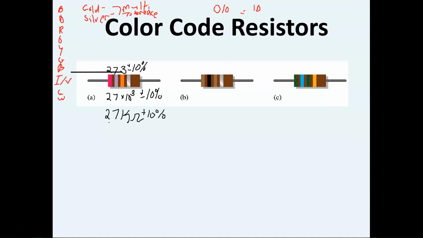What I'll do is take 27, and with 10%, the easiest way to do this is take your decimal point and move it forward one place. So you'll take 27,000 and then add and subtract 2,700.